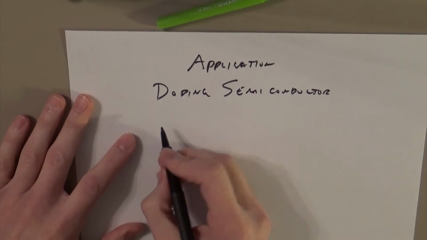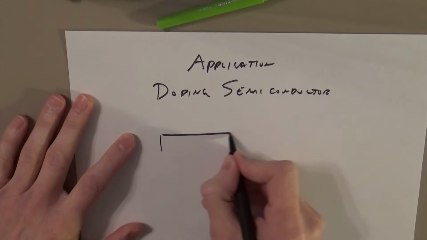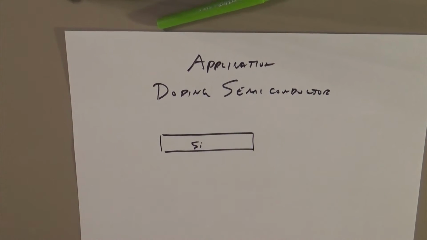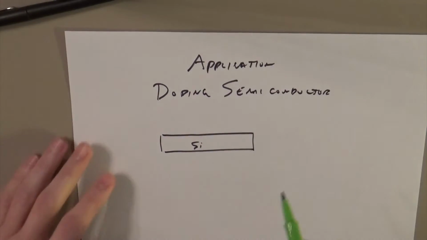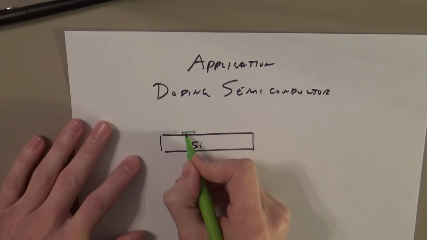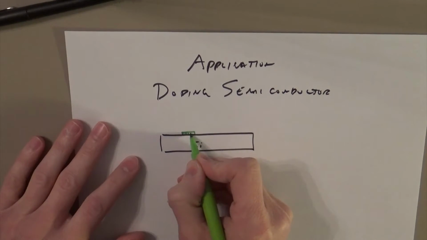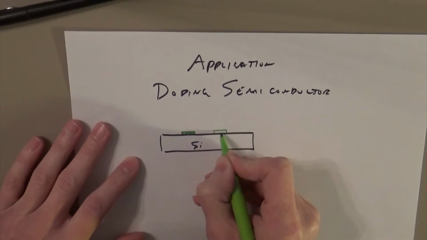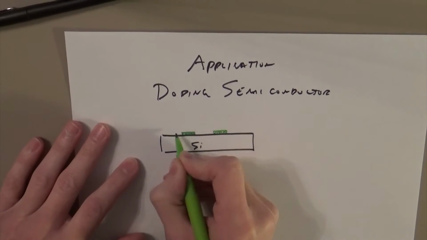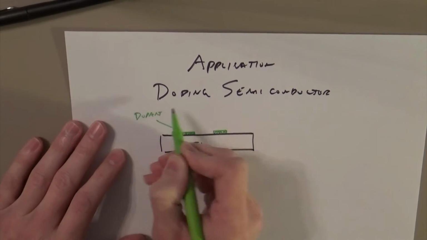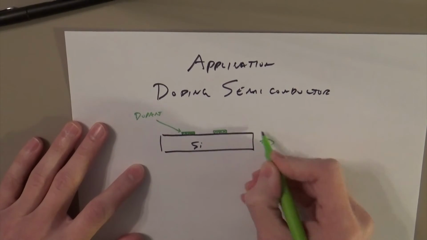So basically you'd have some silicon wafer, and then you'd use some mechanism to deposit a very narrow pattern of something, for example, phosphorus or boron or what have you, on the surface. Some dopant. And then you heat it.